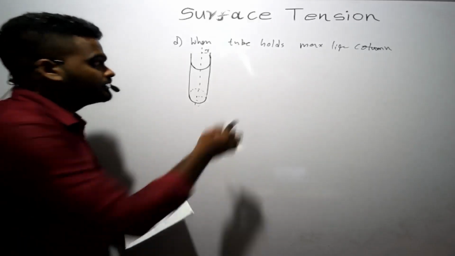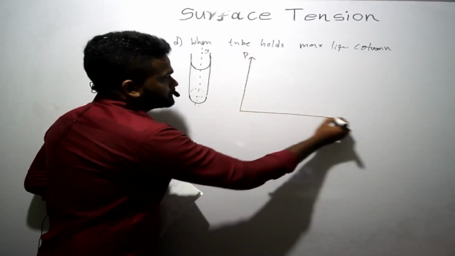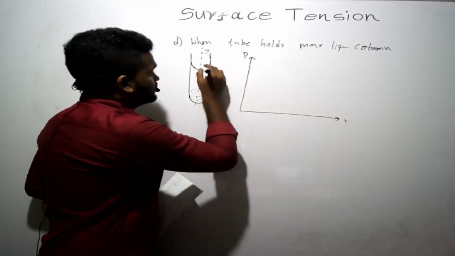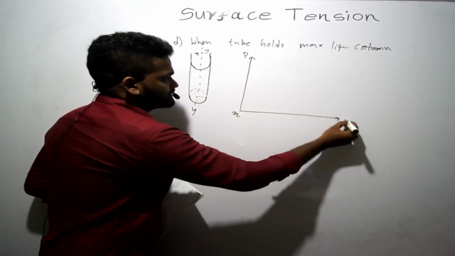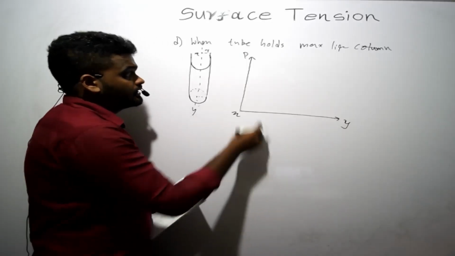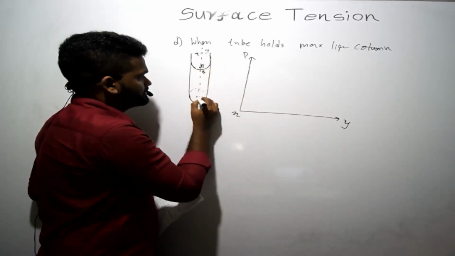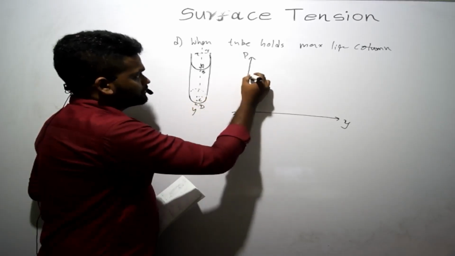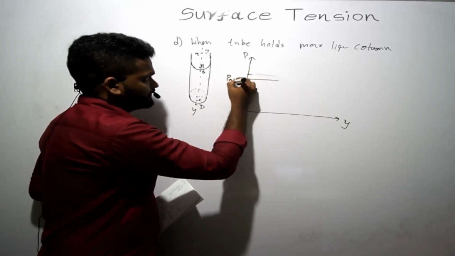Then I'll draw the pressure variation from X to Y. Now you know how to do this, right? X to Y. From X to A, B, C, D. From X to A, it is PATM, right? PATM.